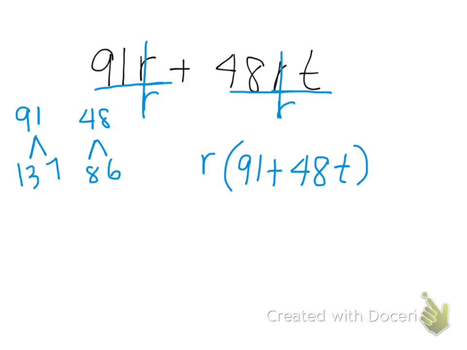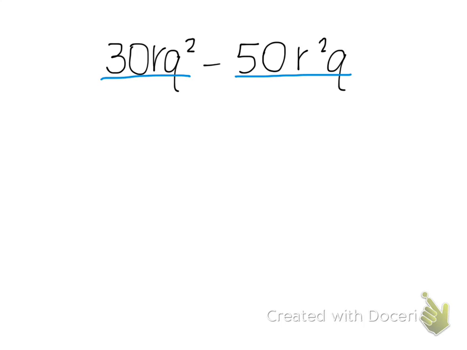So one more example. So what if we had 30rq squared minus 50r squared q? Well, they both end in 0, so we know 10 goes into both of them. And we see that we have an r and a q in both of them. So let's divide out a 10rq.